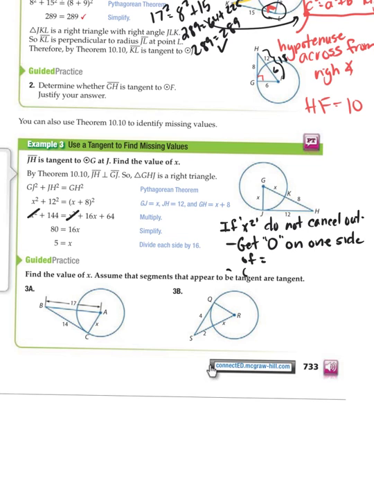And then we'll have a quadratic equation. And if that quadratic equation will factor, wonderful. If it doesn't factor, we would use the quadratic formula.